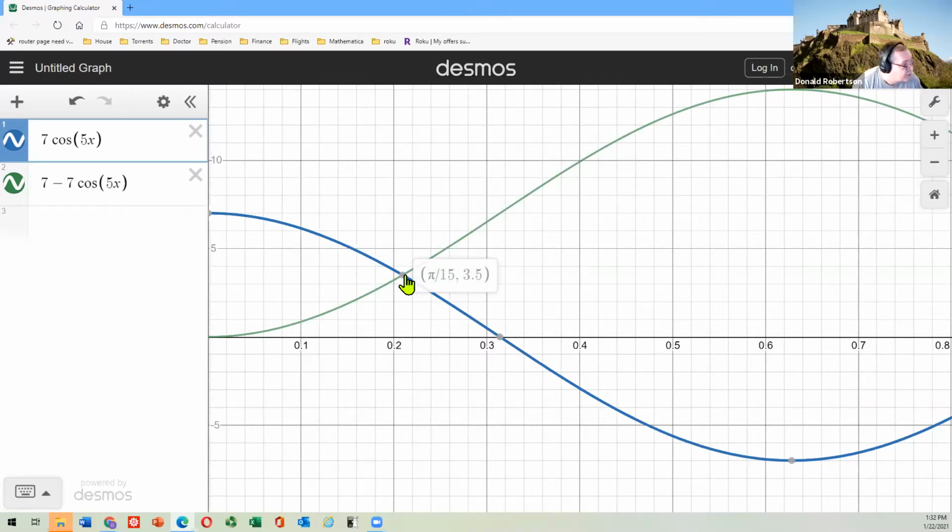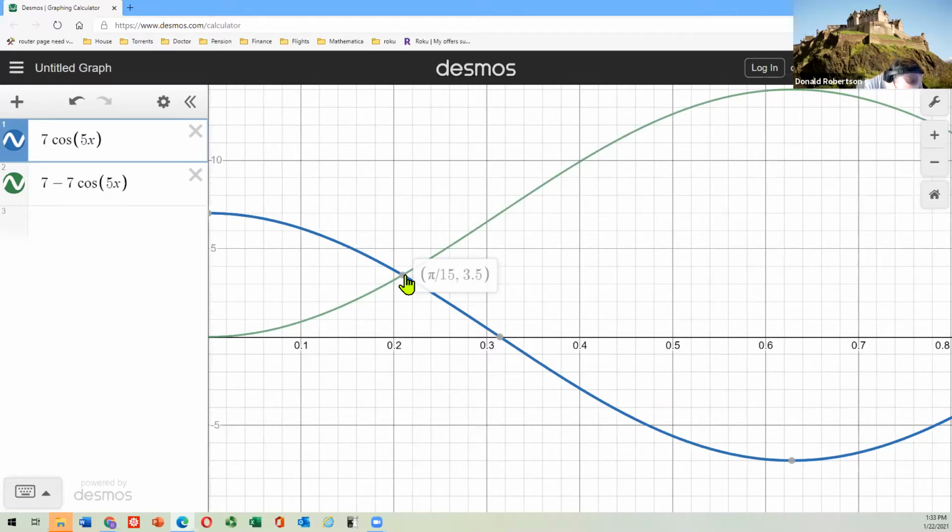I got a guy that goes like that, which is the green one I'm doing right now, which is 7 take away 7 cosine of 5x. And then we got another guy, make him red. And the red one kind of looks like this. And he's just 7 cosine 5x.